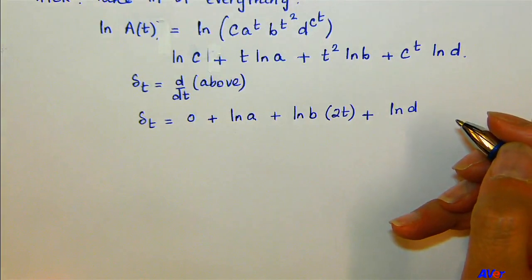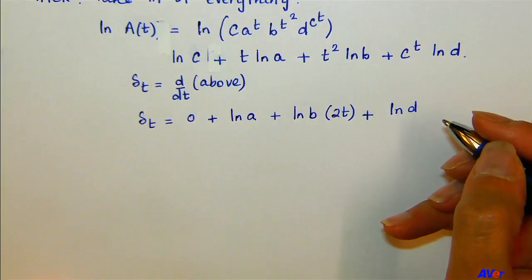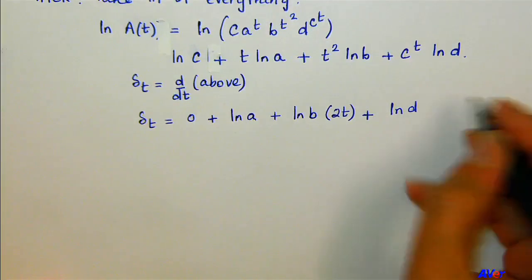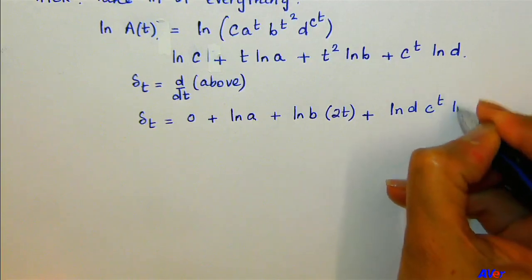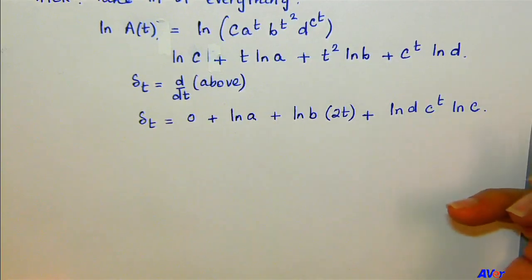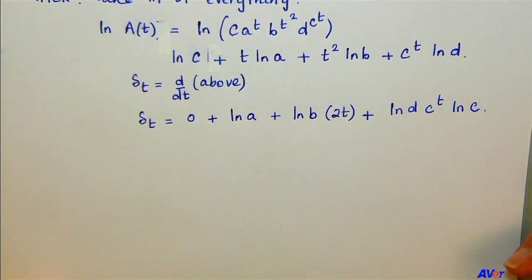What's the derivative of c to the t with respect to t? c to the t ln c. Right, and you're done. That's delta of t.